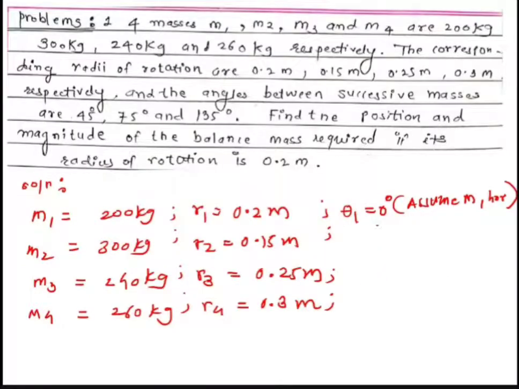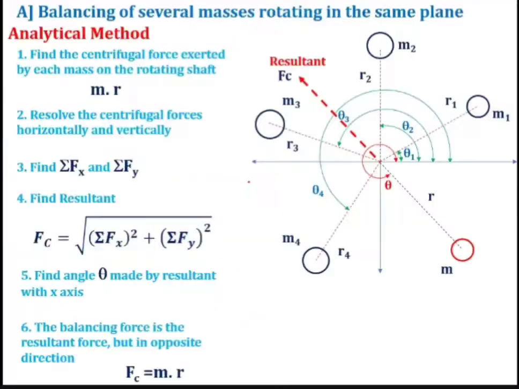Assuming theta 1 is equal to 0 degree, they are saying that the angle between the two successive masses is 45 degree. They have given this angle between M1 and M2 as 45 degree. Theta 2 is nothing but the angle from this horizontal axis.